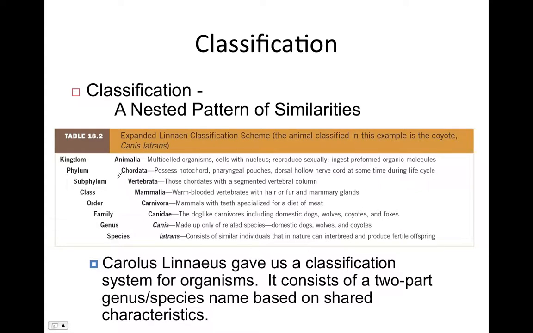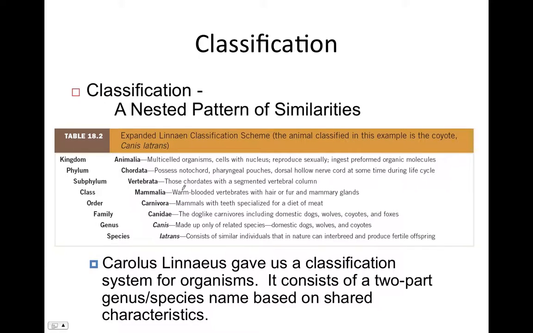A particular class of vertebrates is Mammalia, which coyotes are found in, and which we're also found in. These are all warm-blooded vertebrates with hair or fur and mammary glands. Coyotes find themselves in a particular order of mammals called Carnivora.